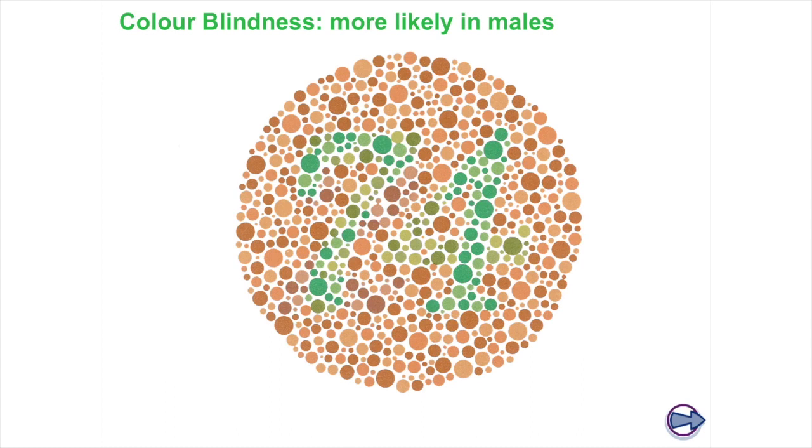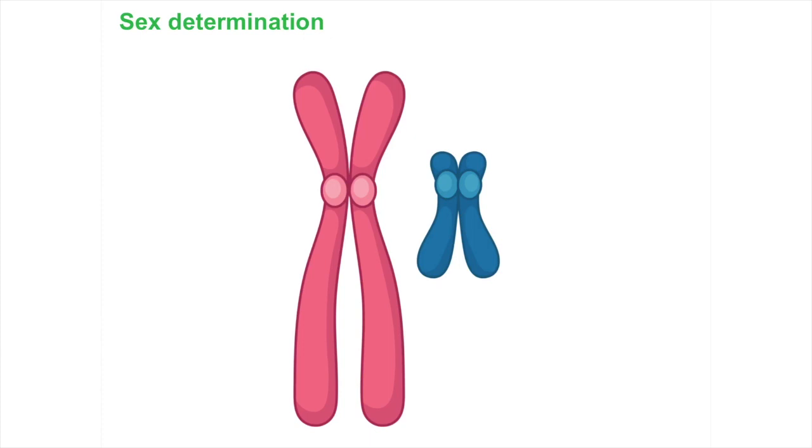If you're a male and you're having difficulties seeing the number in this picture, this means you have this disorder, which is known as color blindness. The reason why males are more likely to be colorblind than females is that the allele for color blindness is found on the X chromosome. So that's the X chromosome, and the color blindness allele is found here.